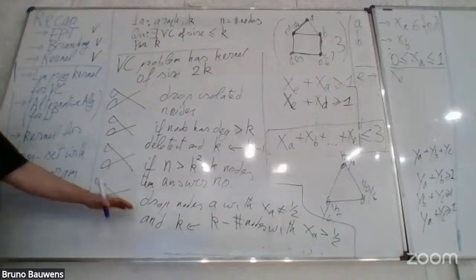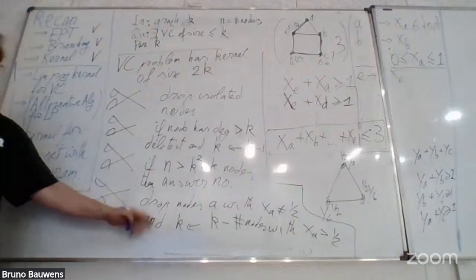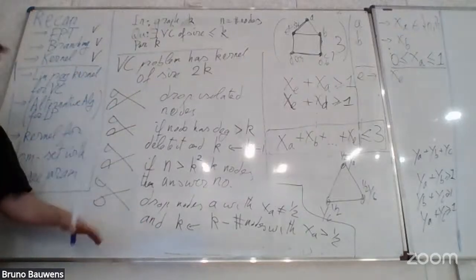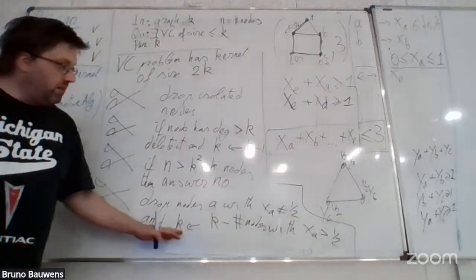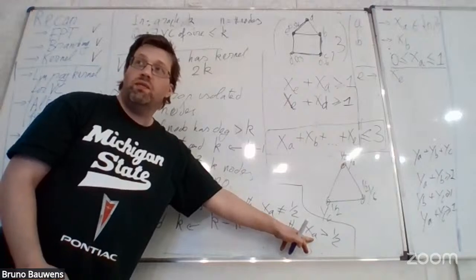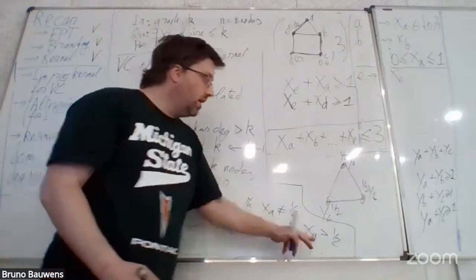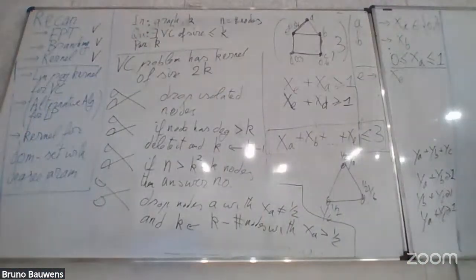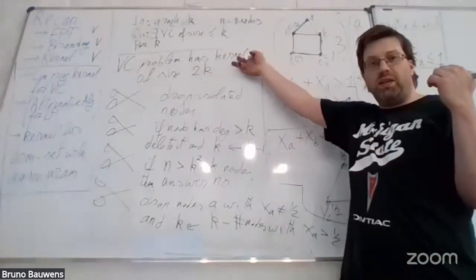Then we repeat everything. We can repeat this rule until all nodes have value xa equal to 1/2. And then we know that the number of nodes must be at most 2k. And so we have obtained this kernel.